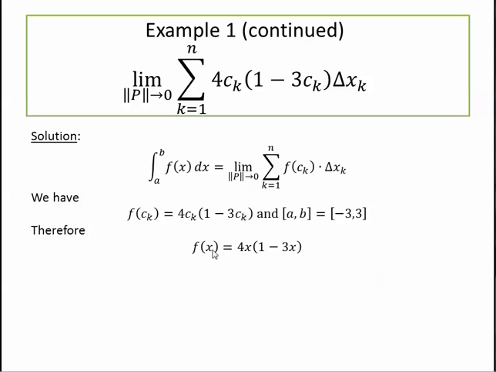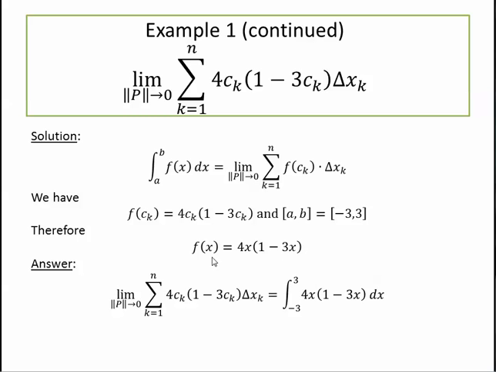So I get f of x is equal to 4x times 1 minus 3x. And we get our answer that this limit right here is equal to my integral from a to b, so negative 3 to 3, of my function f of x dx.